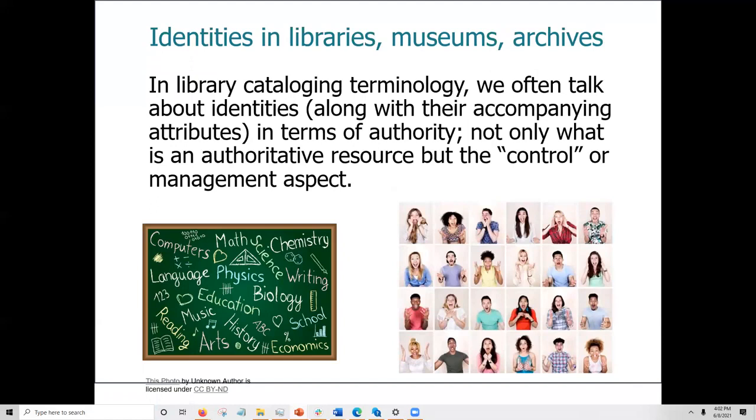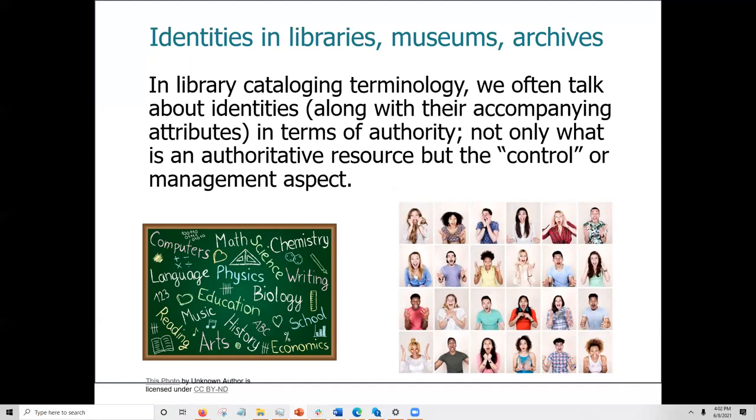So, I've talked all about this, and I've even used this word already, but I really haven't defined it. So in library cataloging terminology, we often talk about identities along with their accompanying attributes in terms of authority.